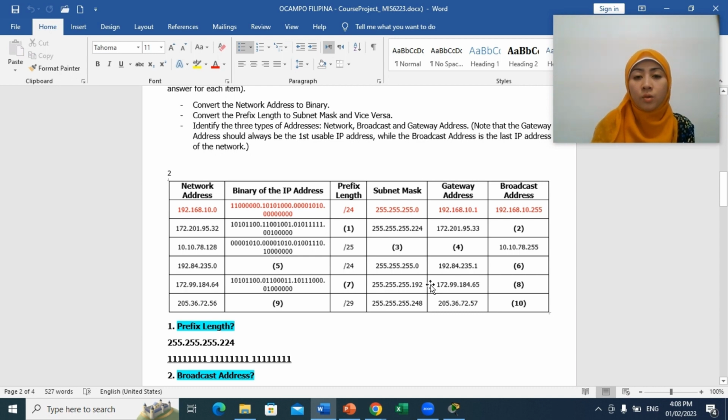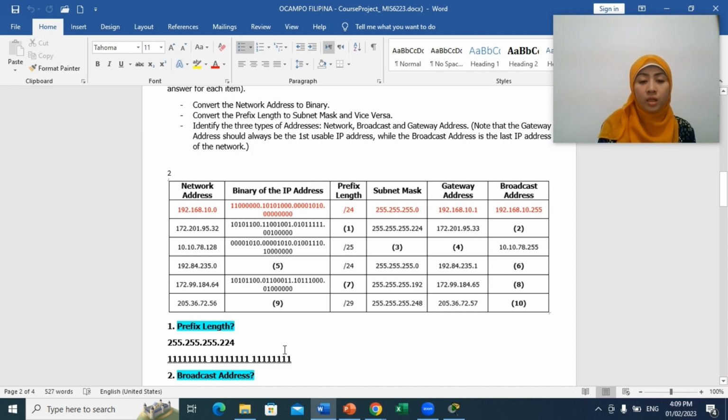In computing the subnet mask, when you see 255, it will automatically be eight 1s. As you can see here, 255, 255, 255, we have three sets of eight ones.